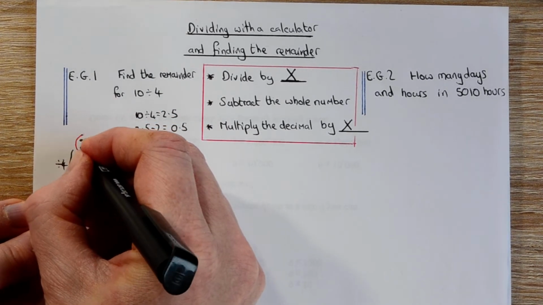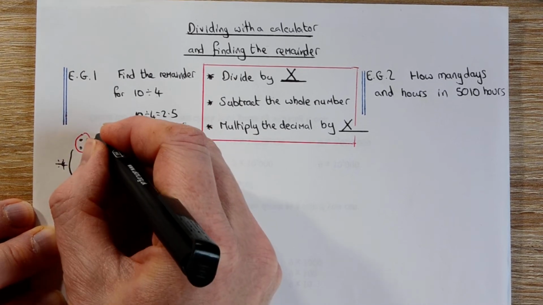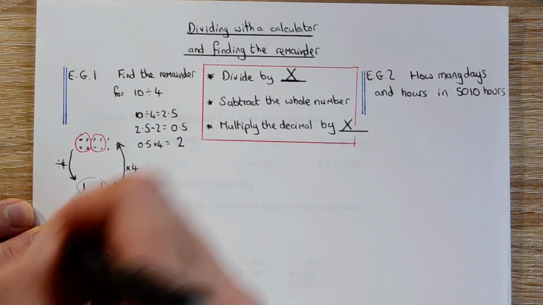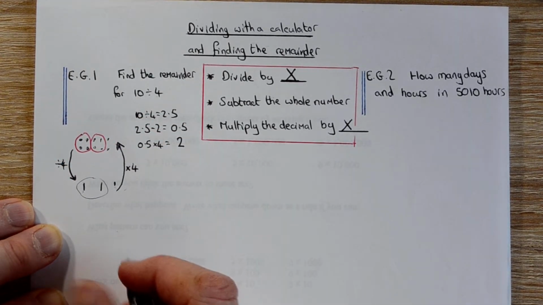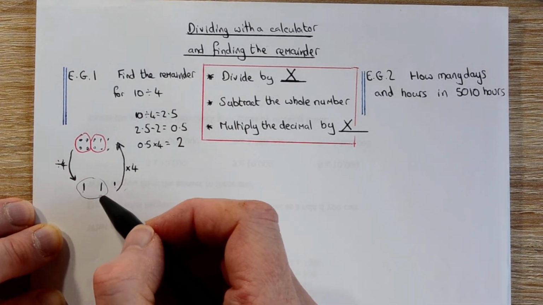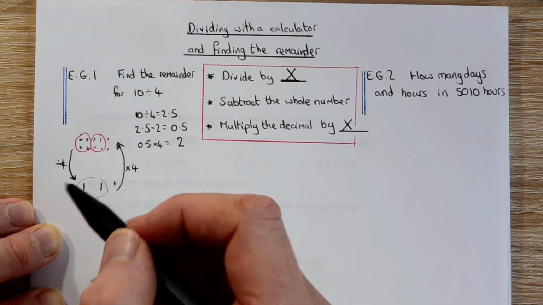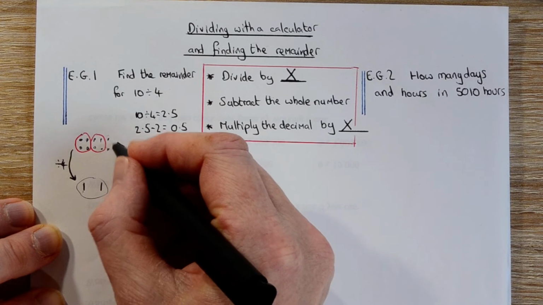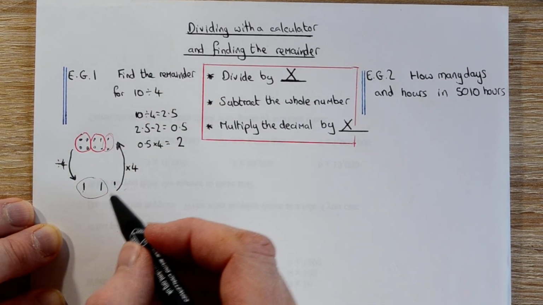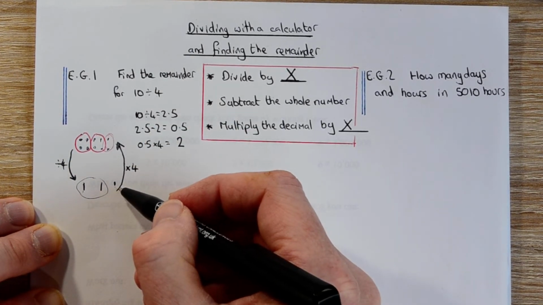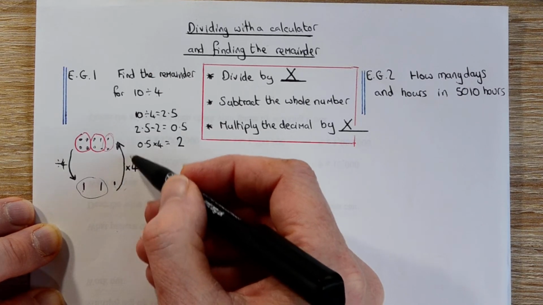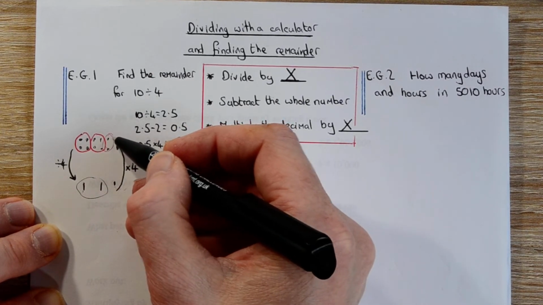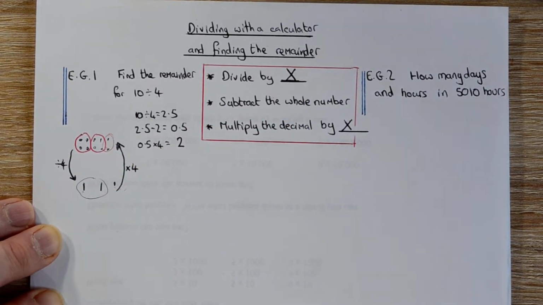Now because these are small numbers, we know we've got 2 lots of 4 in our 10, and that's what our dividing will tell us. But if we want to know how many we've got left, we need to work back from how many 4s is it, and it's a decimal, times it by 4, it gives us how many we've got.